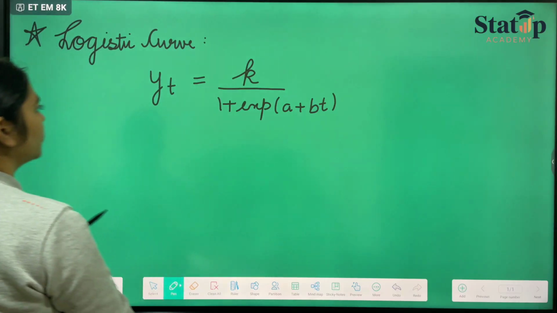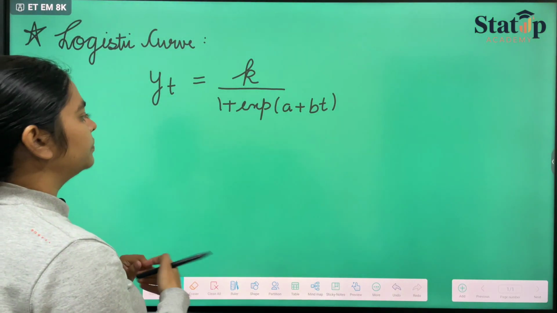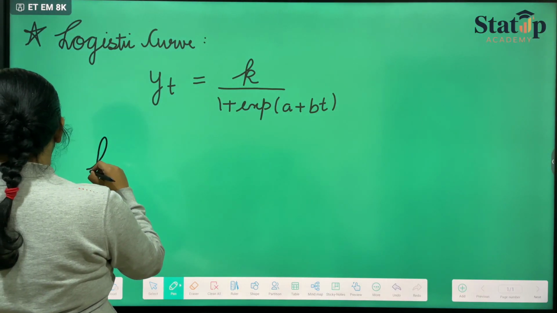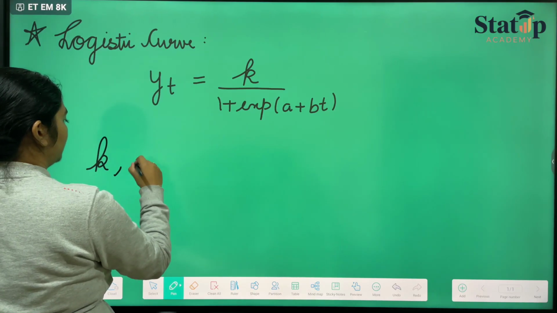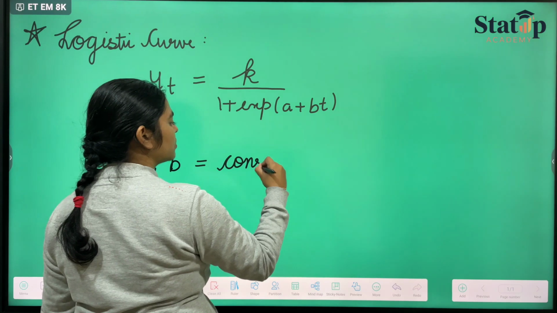Okay, so this was the growth curve. Here K, A and B are three constants. K, A, B are all constants.